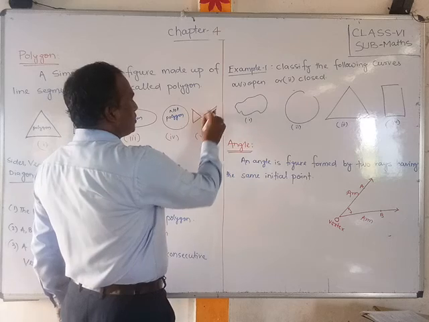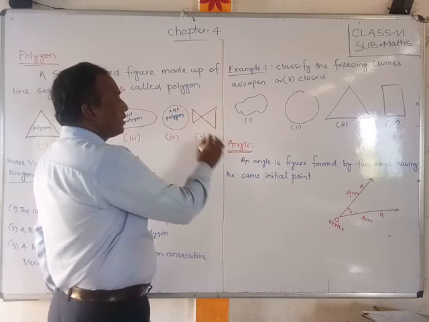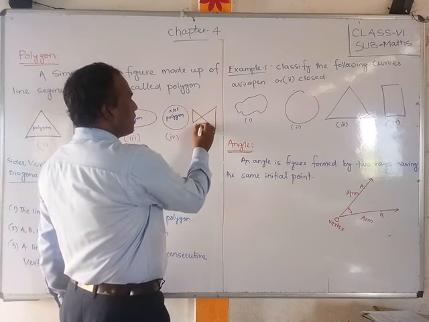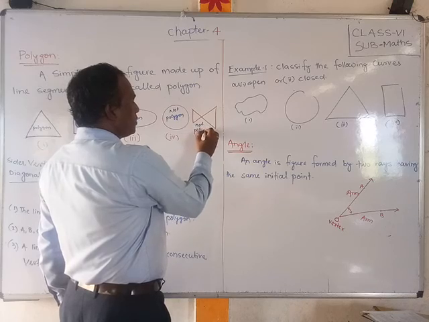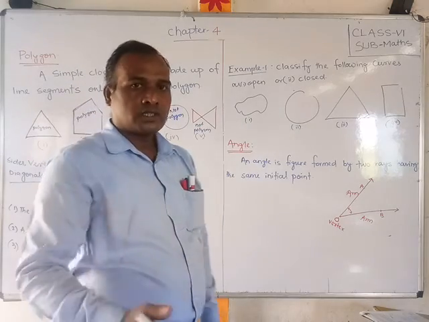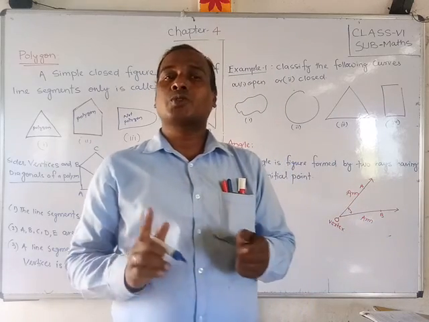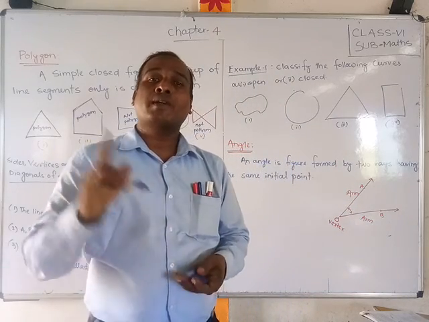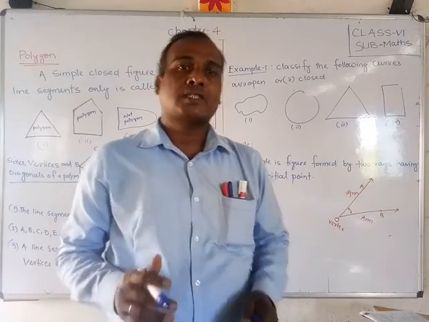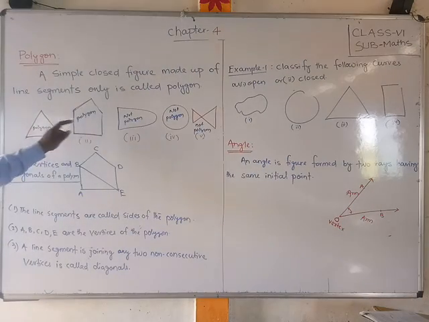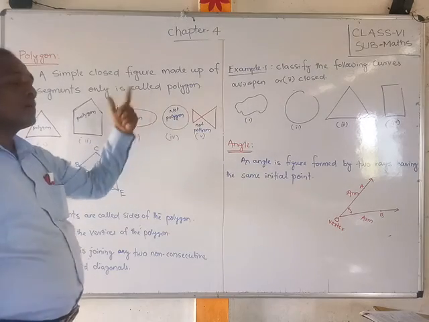Observe, it is forming 2 closed figures. Hence it is not a polygon. Did you understand? Understand very carefully, students. The closed figure should not intersect, and it should be made by line segments. So these first 2 only are polygons, and these 3 are not polygons.